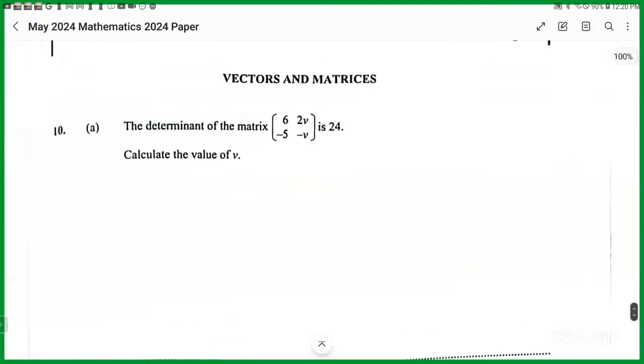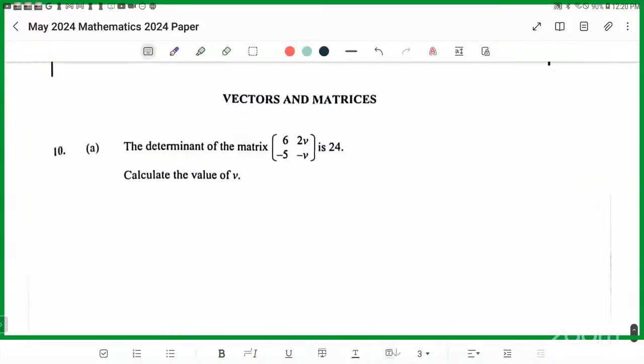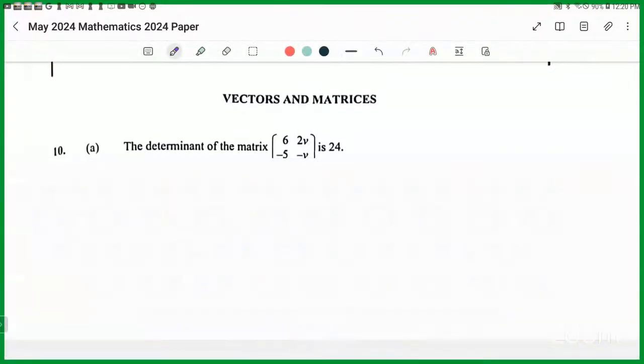This part says the determinant is 24. So it means this product minus this product is 24. What is the determinant?